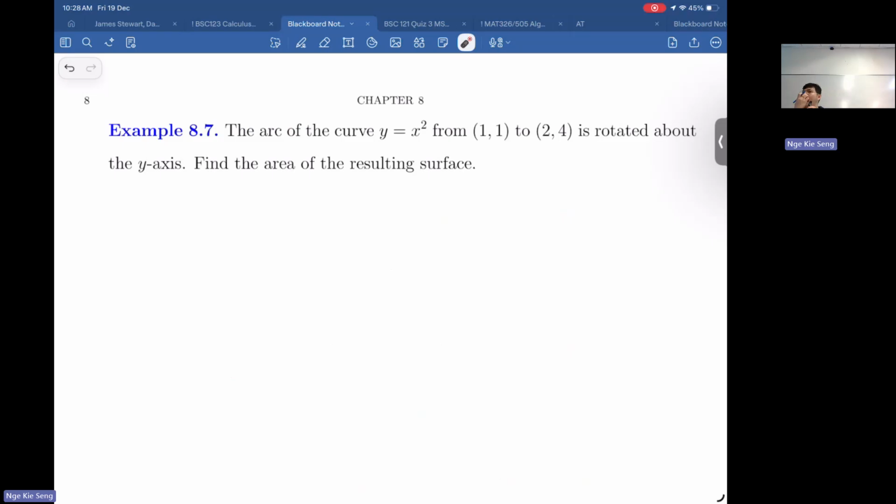What's your topic? Group 9. Yeah? What's your topic? Where's your group member? What's your topic?